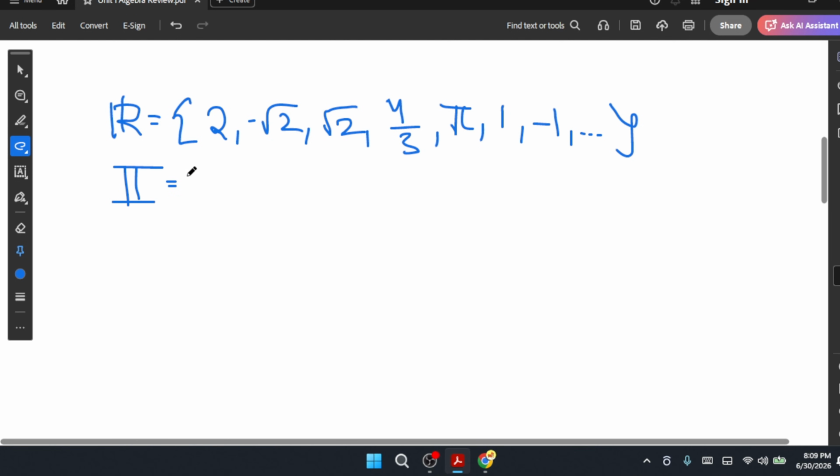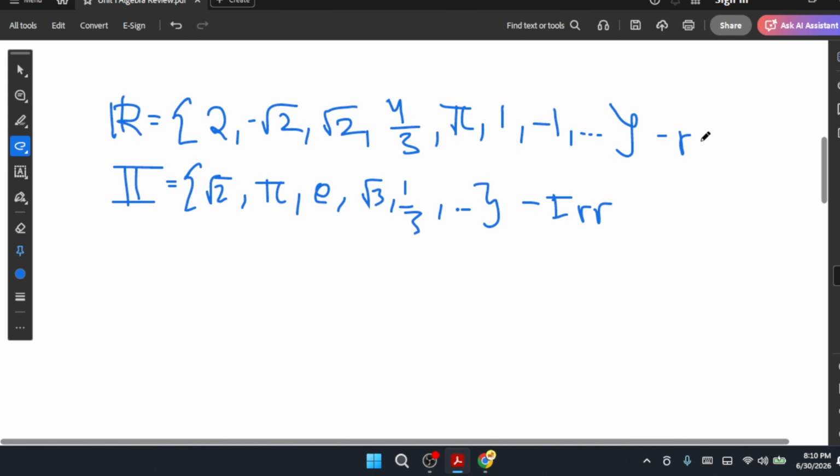Irrational numbers are the numbers that cannot be expressed as fractions, like root 2, pi, and then Euler's constant, and then root 3, and 1 over root 3, and so on. Those are irrational numbers. This is irrational, rational, this is real.